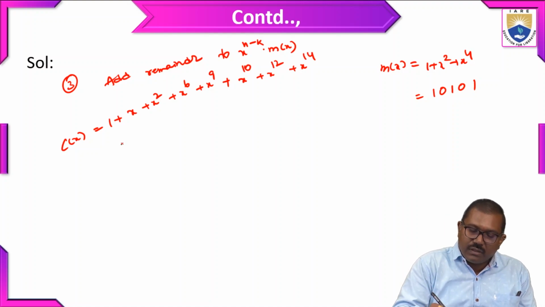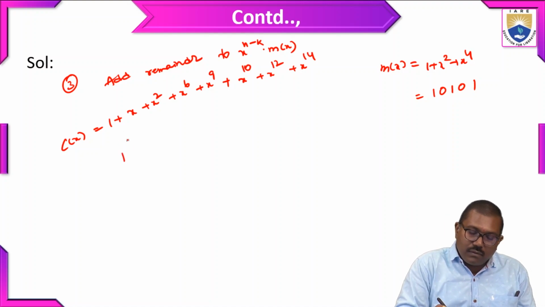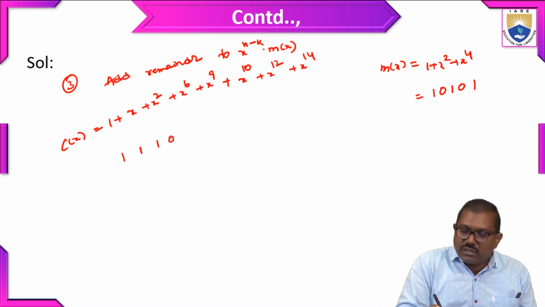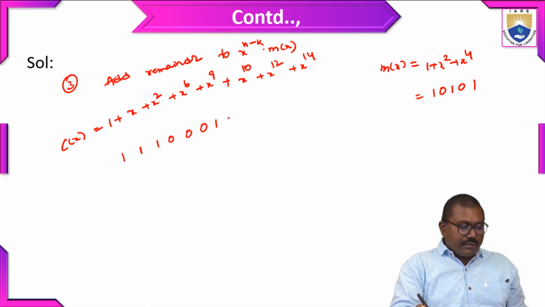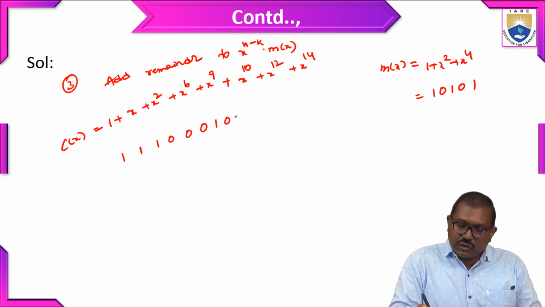Okay. So 1 is there. So 1. x is there, x square is there, x cube. Missing 4. Missing 5. 6 is there. Okay. 7, 0, 8, 0, 9 is there.